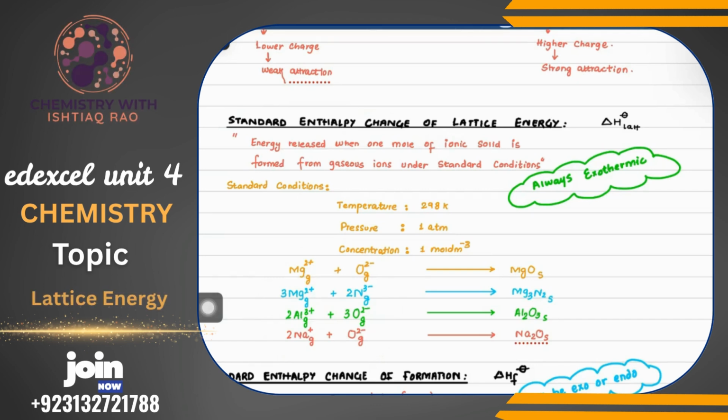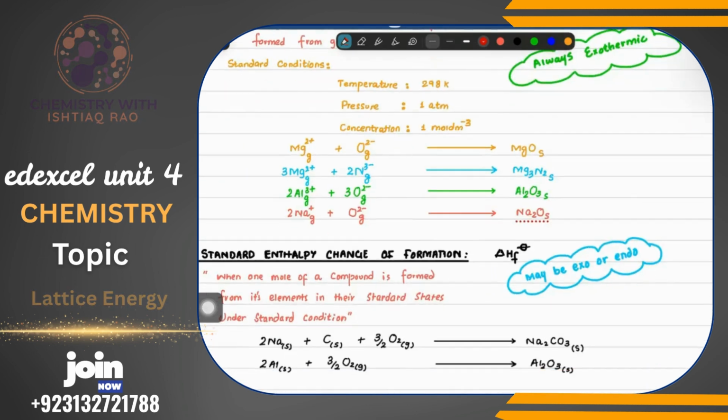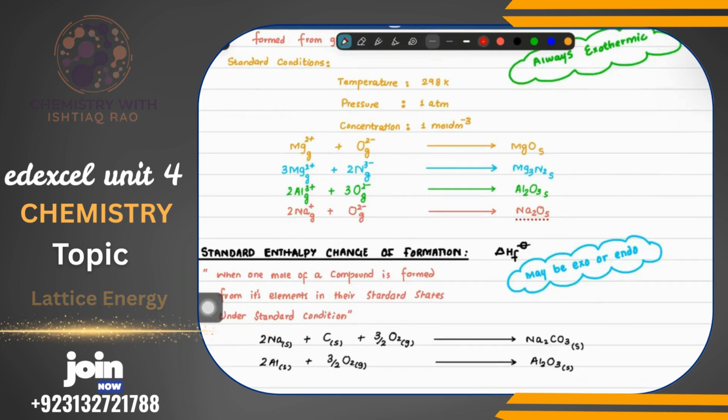What if I'm going to write magnesium chloride? Of course, magnesium chloride is an ionic compound and it's a solid at room temperature. So what am I supposed to write?